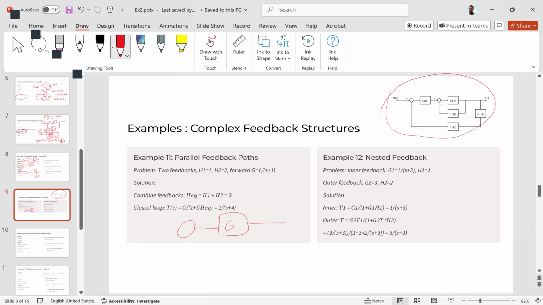Are we good? Now, we have two feedbacks that are in parallel, and they are going to be added together and then subtracted from the input. H1, H2. How can we simplify that?